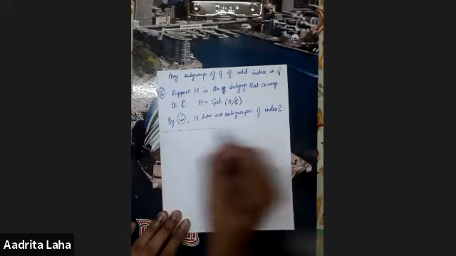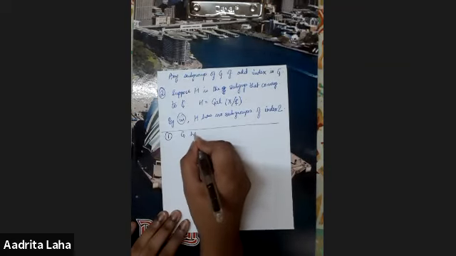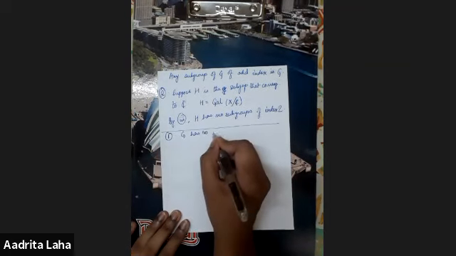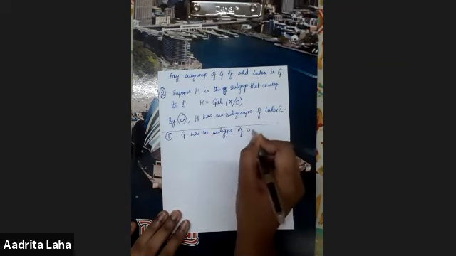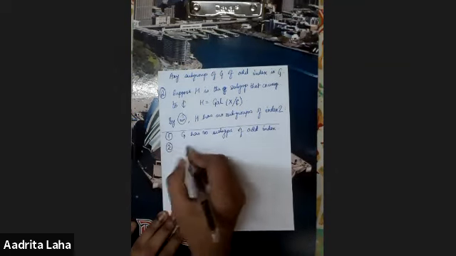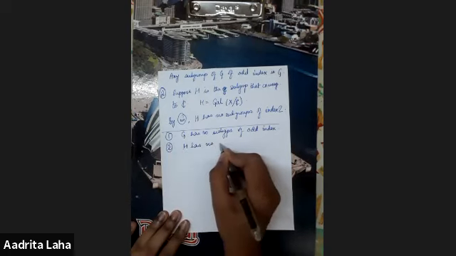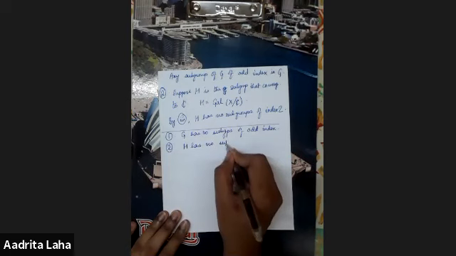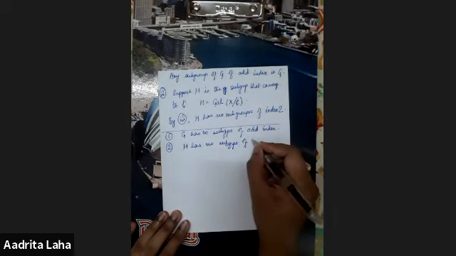So what we have here is two facts. The first fact is G has no subgroups of odd index, and secondly, H has no subgroups of index 2.